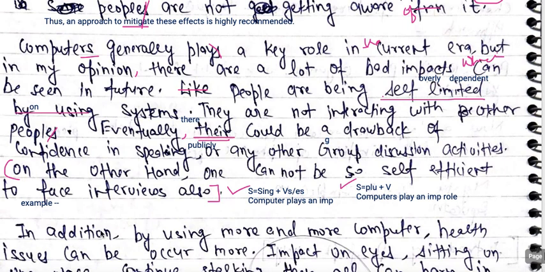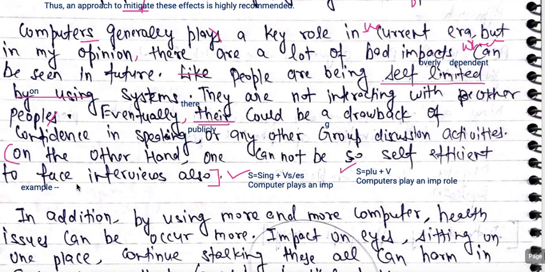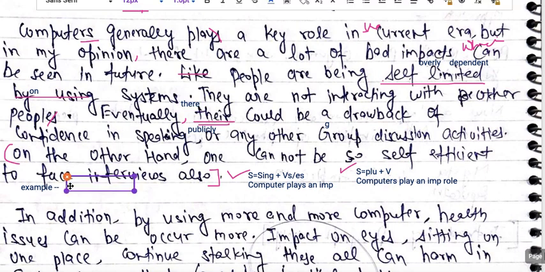So what you can say is you can give an example that people who use too much social media or are too computer dependent are not able to face real people in real life.